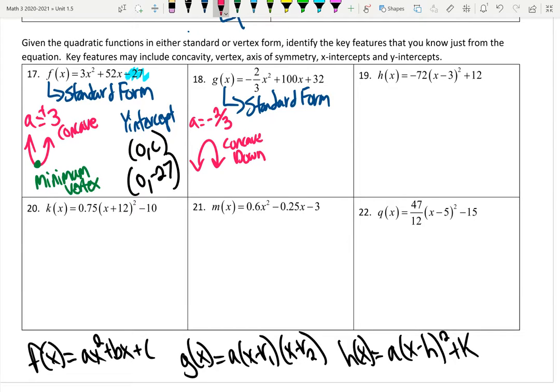I also know it is going to be compressed vertically. It has a vertex that is a maximum. And the final bit of information is about the y-intercept, which is going to be 0, 3/2.